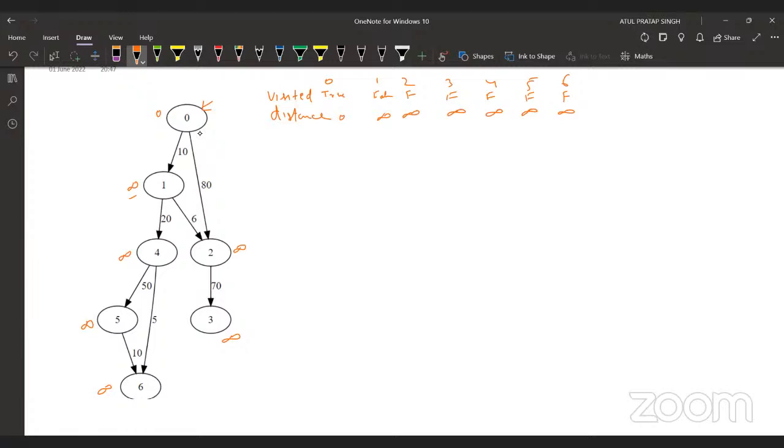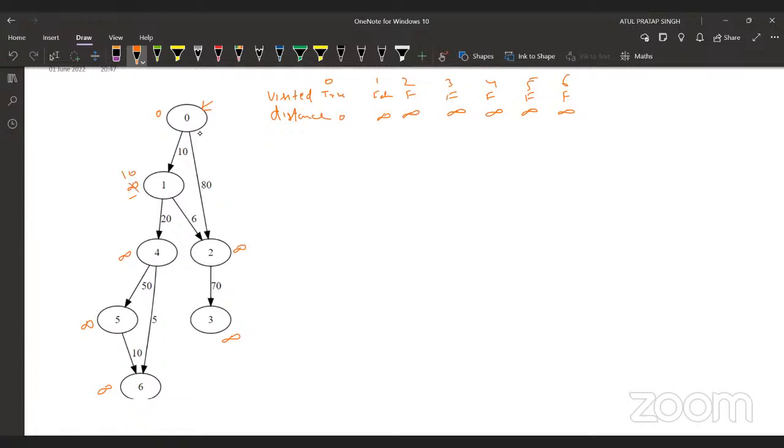So any time we get a value less than the previous value, we will update this information on the distance value of the vertex. Here the previous value is infinite. Now we are coming from the source at distance 10, so we will update that to 10 here.